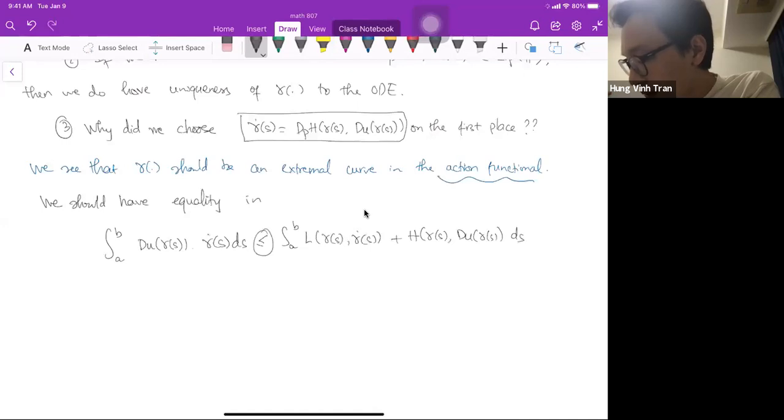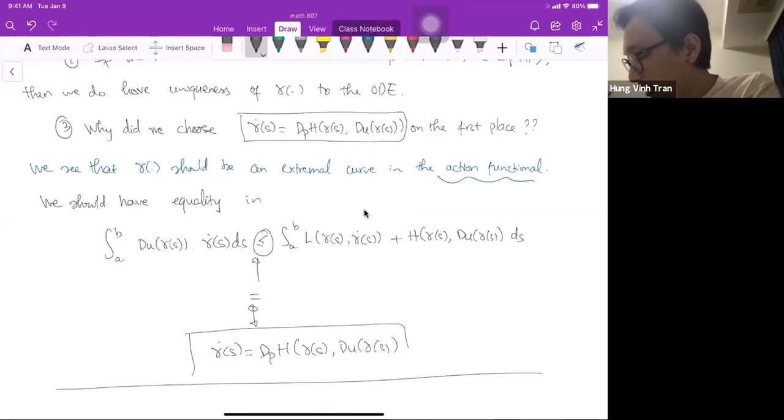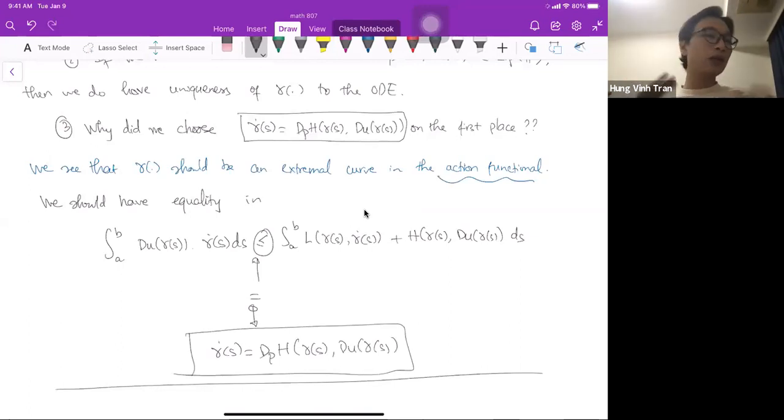So this becomes equality, and this happens if and only if gamma dot of s is dph of gamma s du of gamma s. So that's how and why. At least once we understand this, it becomes more natural to me.